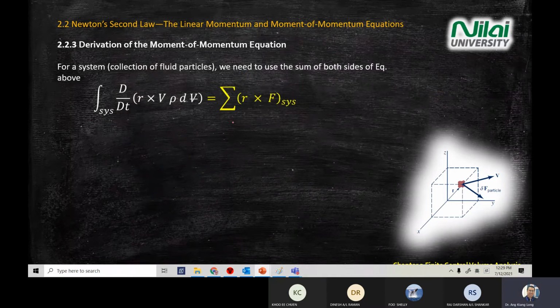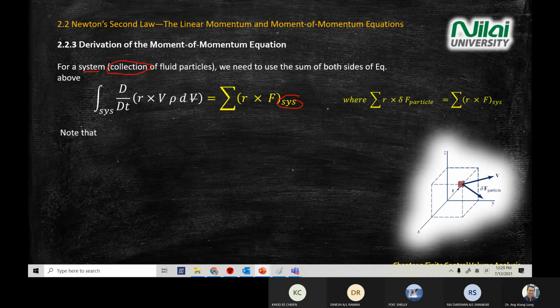Now, as you can see on the screen here, we are looking at the integration of something equal to the sum of something. When you look at integration and sum, remember this is a system, meaning you look at the whole picture, not an individual picture or a collection of something. System. Okay. All right.